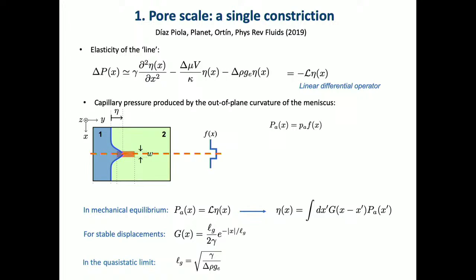Now, the capillary pressure produced by the out-of-plane curvature, the one we were discussing before in the perpendicular direction to this picture, is given by the out-of-plane curvature of the meniscus, as I said. We put it as an additional ingredient here, which acts as the disorder. So this is the perturbation.